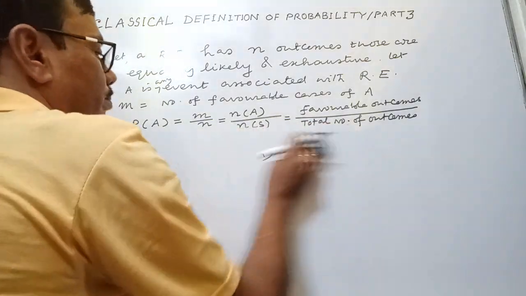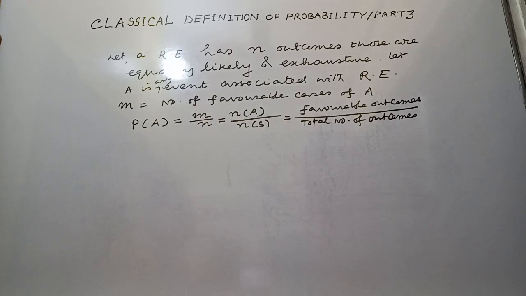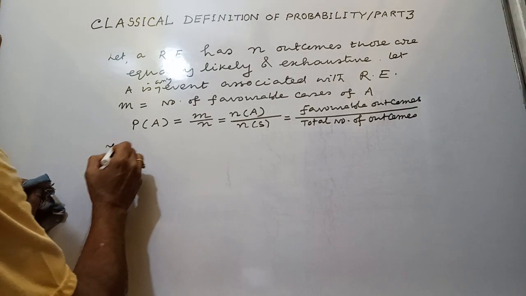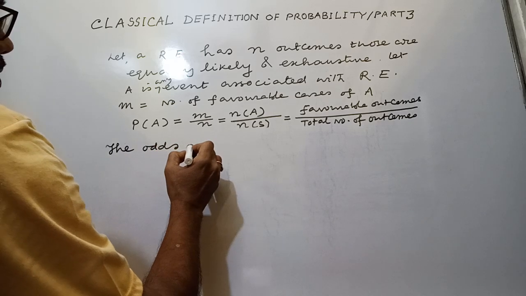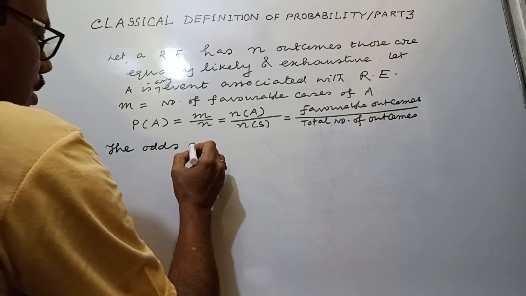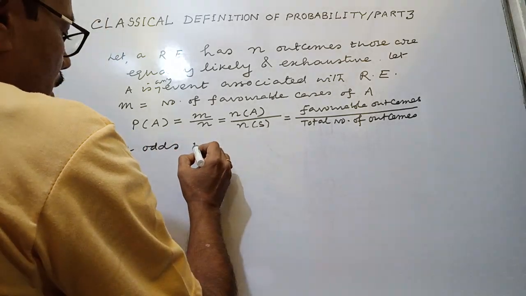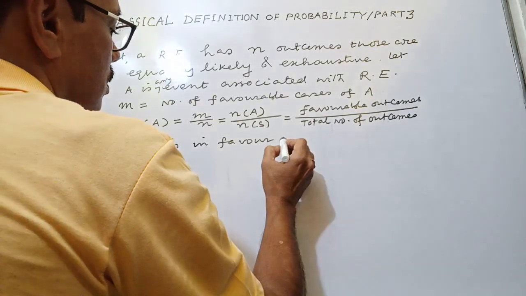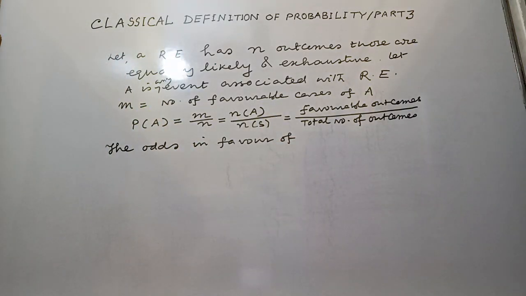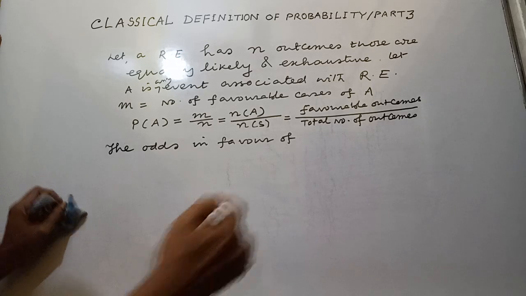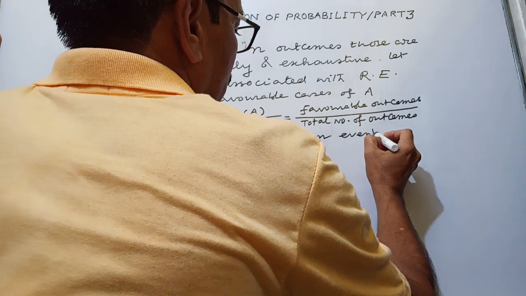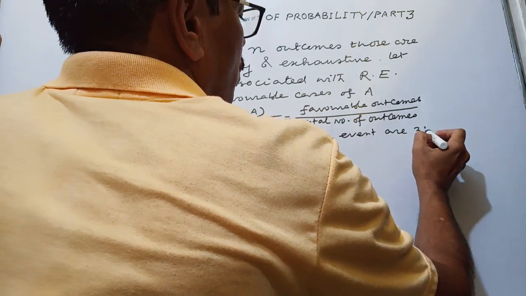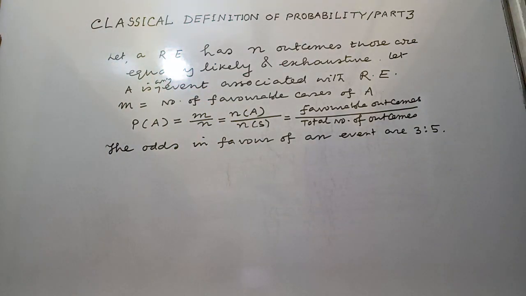So consider a problem. The odds in favor of an event A are 3:5.